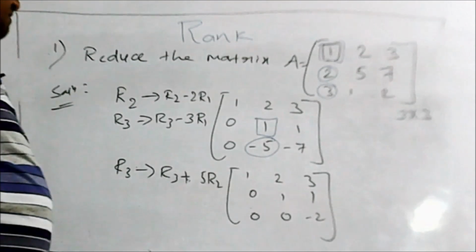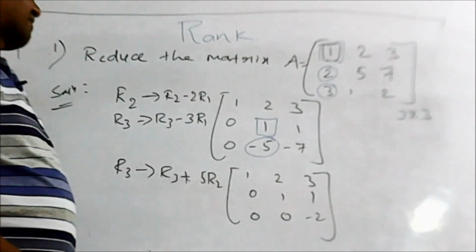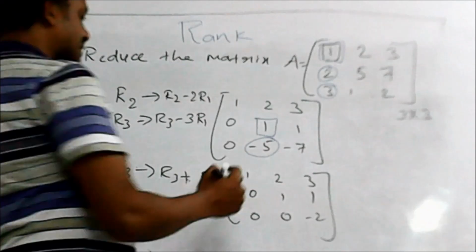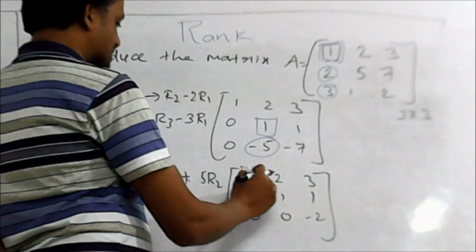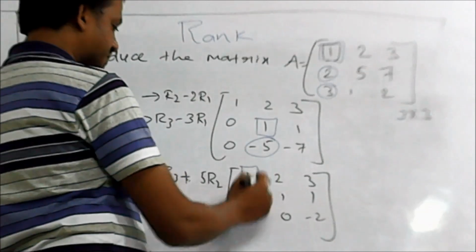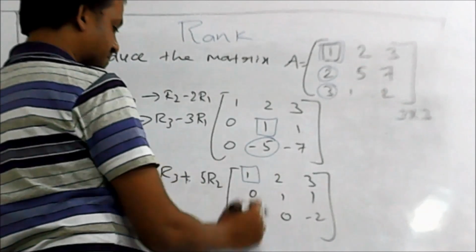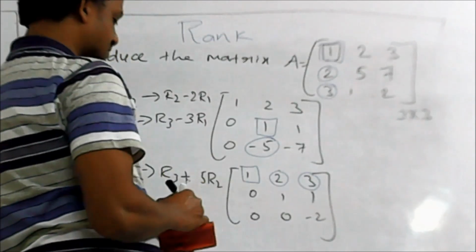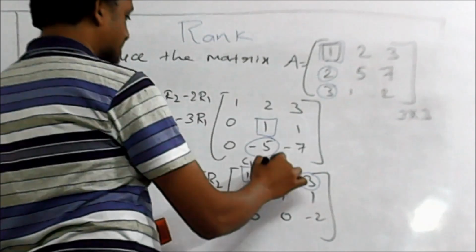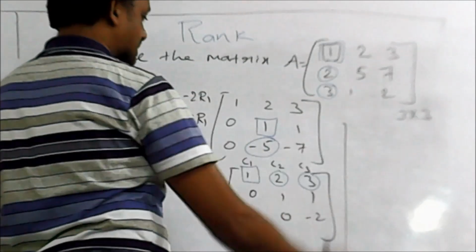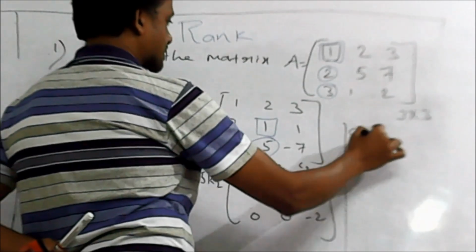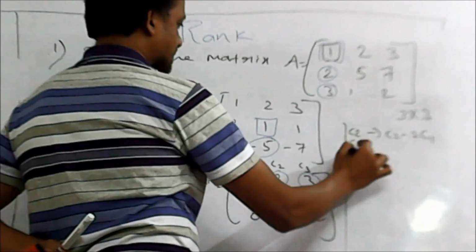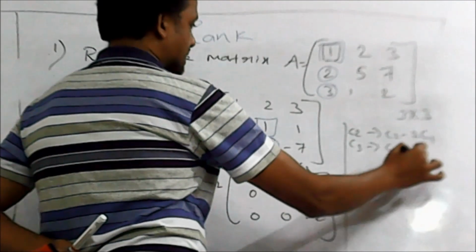IR 0 0 0 with rank 3 means I3, the identity matrix of order 3 cross 3. So now we apply column transformations. You need to select the first diagonal. In row echelon form we worked below; here in normal form, you need to make the remaining 2 entries zeros. What is the operation? You need to consider C1, C2, C3. The operation is C2 is C2 minus 2 times C1, C3 is C3 minus 3 times C1.